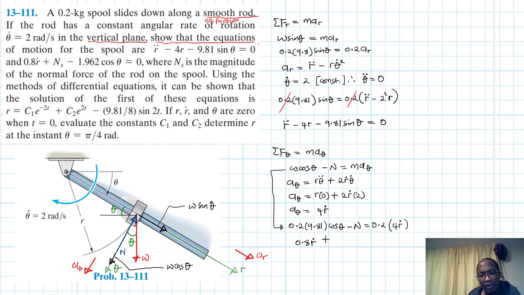We are taking everything to the other side, then this becomes, that's 0.2 by 9.81, minus 1.962 cos theta plus N equal to 0.